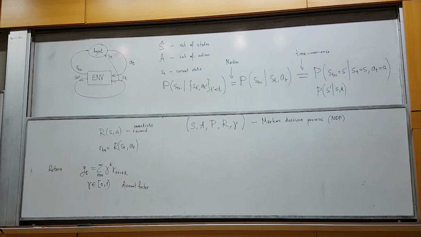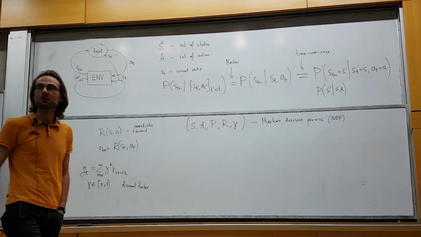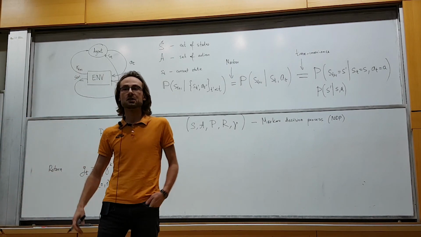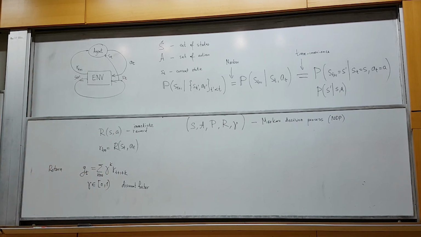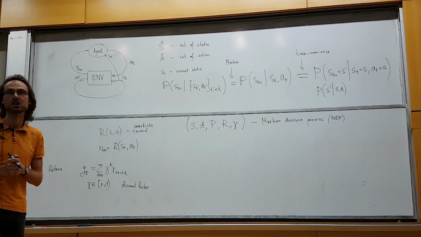Okay, so this is called the Markov decision process, and essentially you can think of the Markov decision process as the rules of the game. This set of mathematical objects defines how the game works, how the world works, how it responds to the actions of the agent.